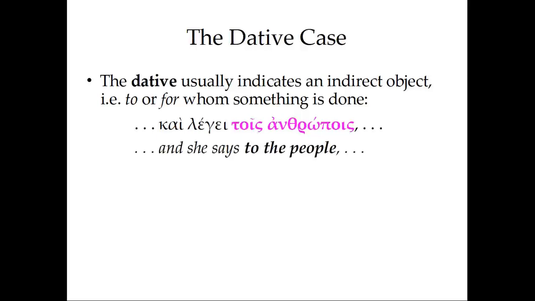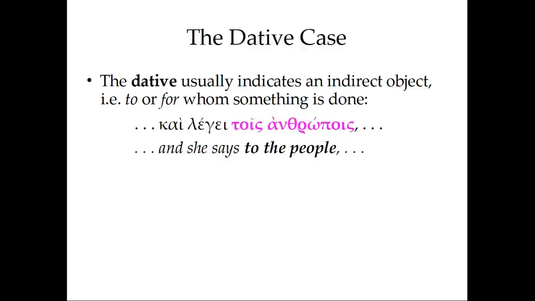This is a line from one of the Gospels, I believe, about the woman Jesus has met at the well. She goes back to tell the people what he has told her. And we see here that in Greek, we have no preposition, which we will talk about later in this presentation. In English, however, to translate it, we do use the preposition to.